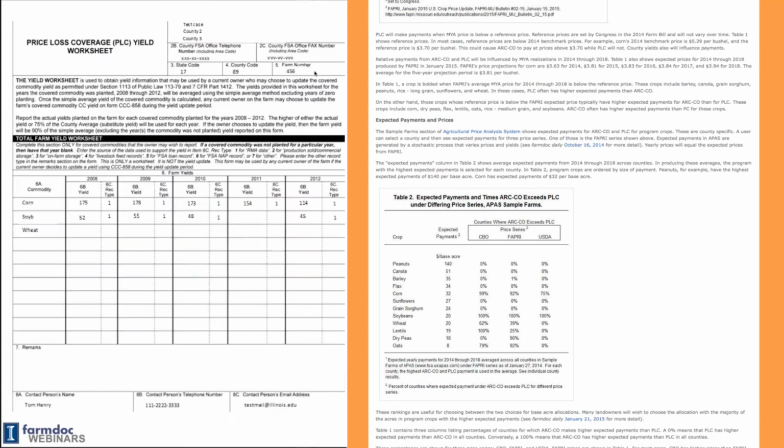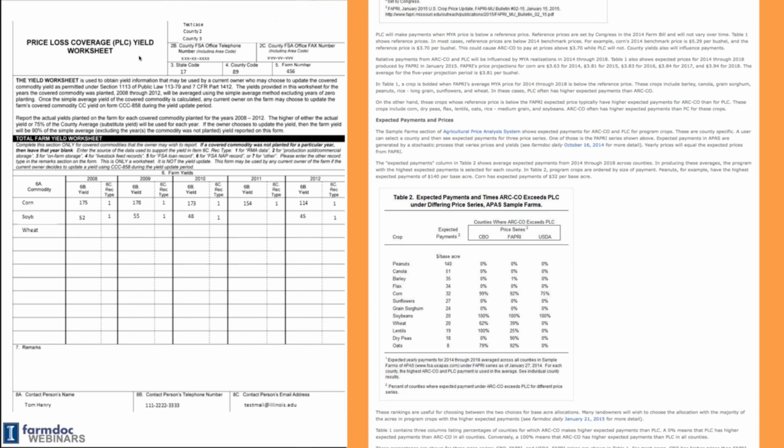We had a question. This is called the PLC Yield Worksheet. It's also CCC 859. So this is the form that you can use to report yields. It's called the PLC Yield Worksheet, Form 859. And again, the reason it's called PLC Yield Worksheet is because these program payments only affect PLC payments.